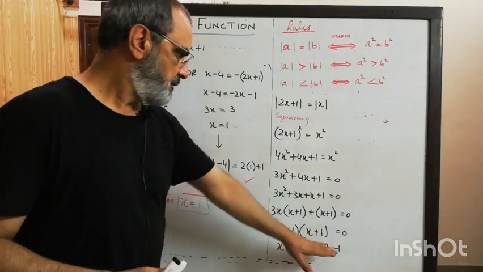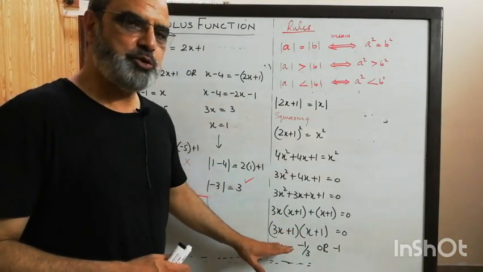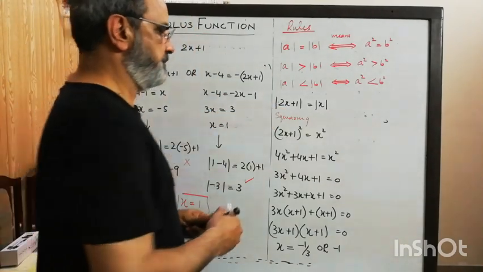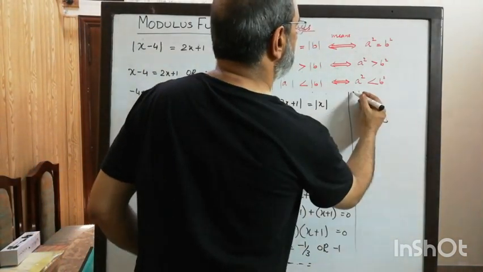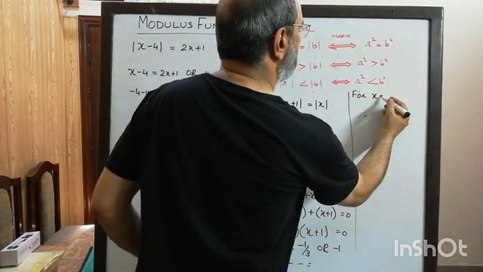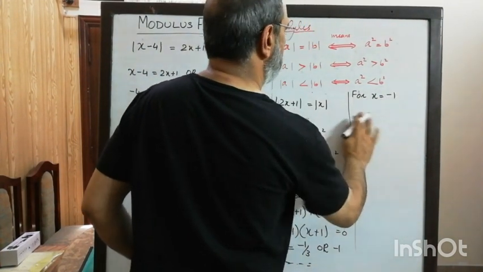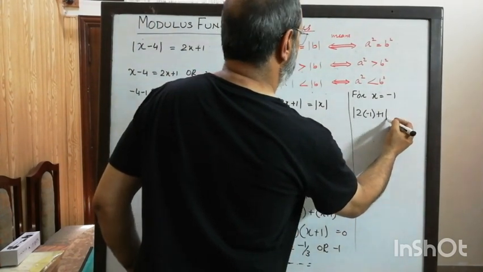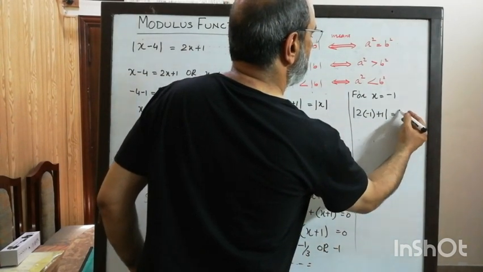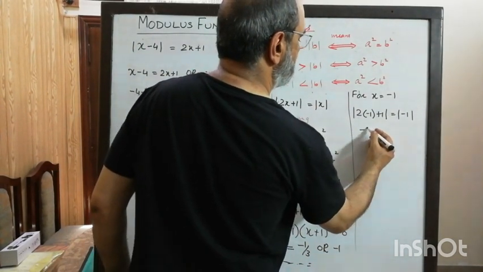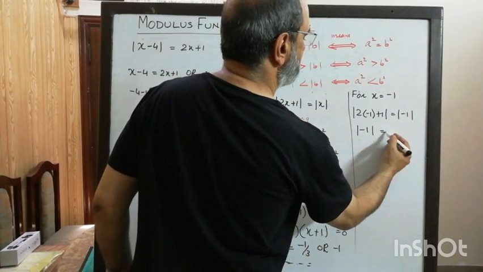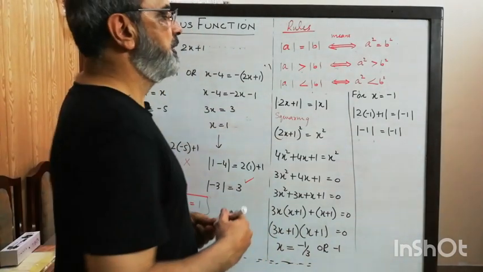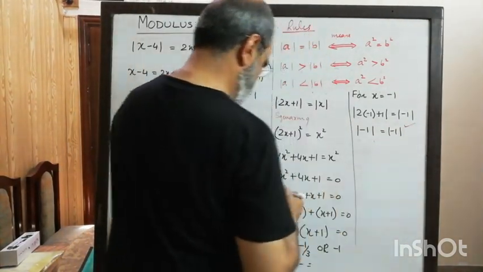Again, we have to check whether these two values of x satisfy the original equation or not. For x is equal to minus 1, it is true. Modulus of minus 1 is equal to 1. So the first value satisfies.